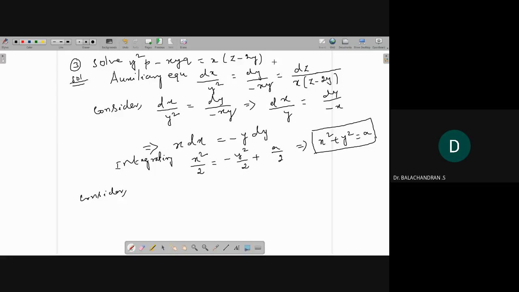But if you choose the second and third, you can cancel at least x. Sometimes it is a trial and error method only. So you know what the trial and error method is. Okay, it is very difficult to judge which pair will easily give the answer.